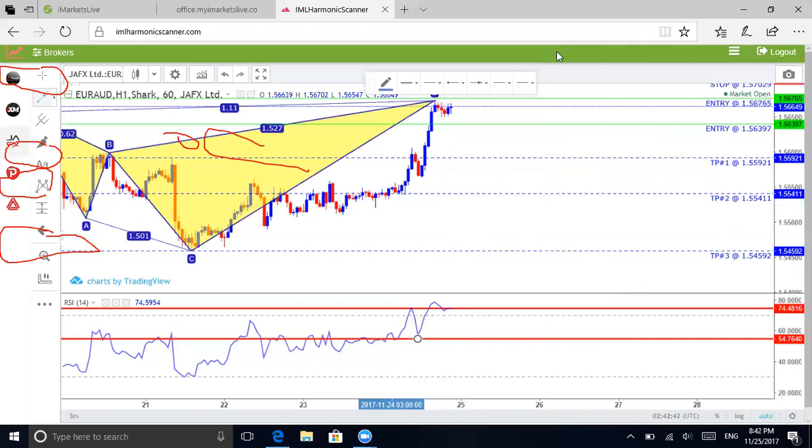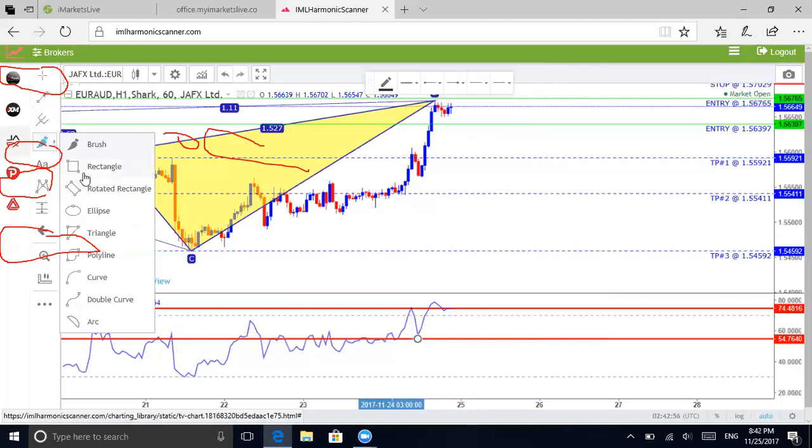So like I said, this market is going up. We want it to go up here, probably between this zone. Let me draw the zone out so you can see. Go here.